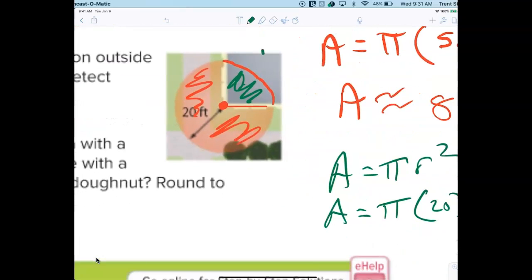This right here represented 1/4, so I subtracted out 1/4. How much would be left? So times by 3/4. Now what's that? Is that the same answer? Yeah, that's the same answer.